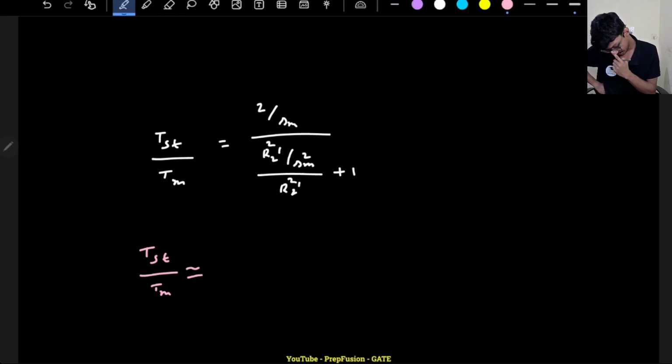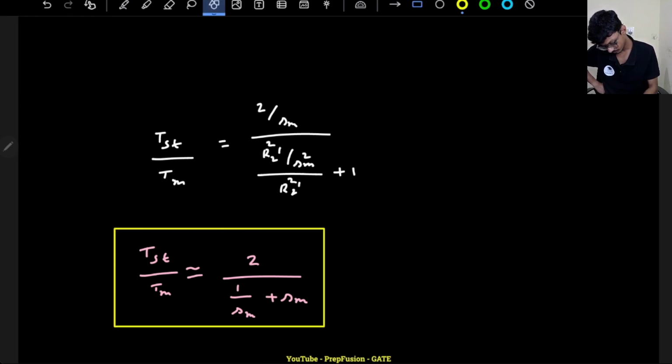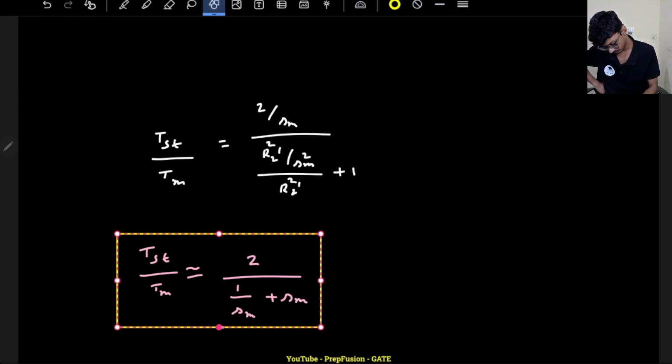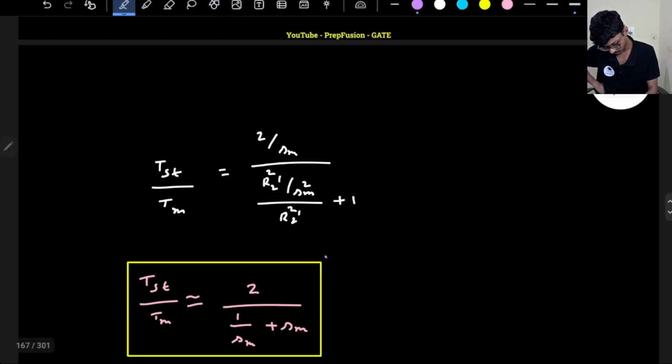If I multiply by SM on both sides, this will be 2 divided by 1 by SM plus SM. A very cute and important relationship between the starting torque and the maximum torque that you must remember.